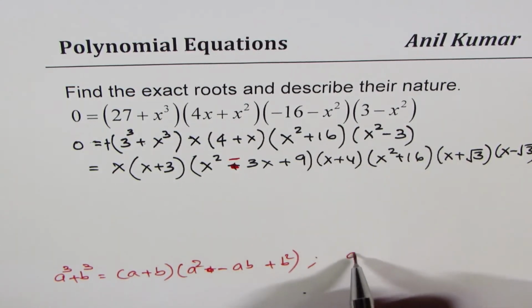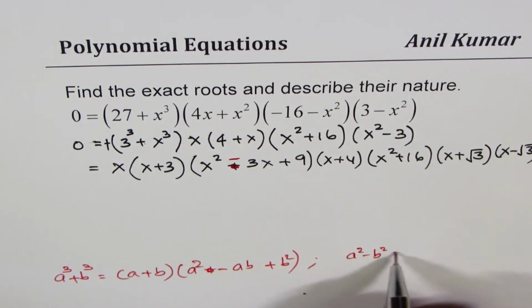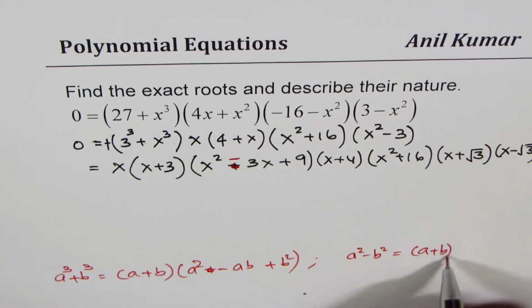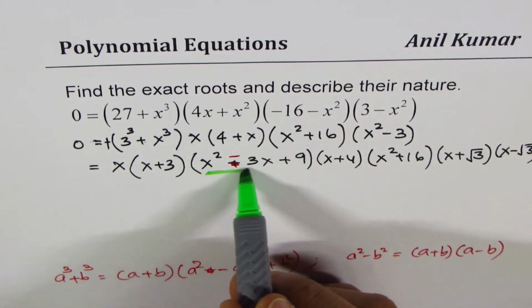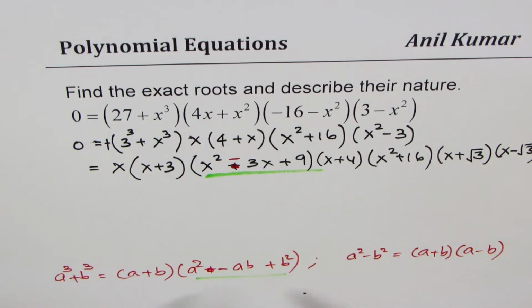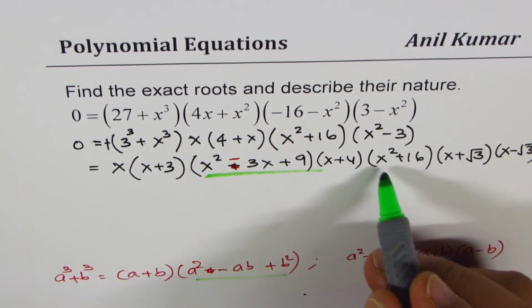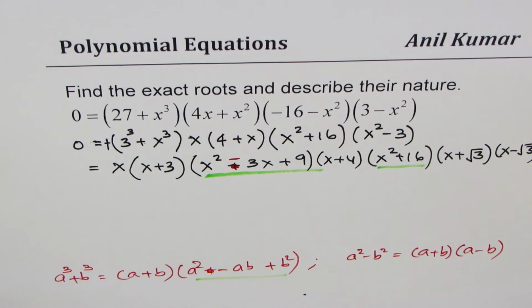And the other formula we have applied is a square minus b square equals a plus b times a minus b. Correct? So once you have applied these formulas, you should know that these factors which you get, they do not have a 0. Is that okay? This also does not have a 0. But all other factors will lead to zeros.